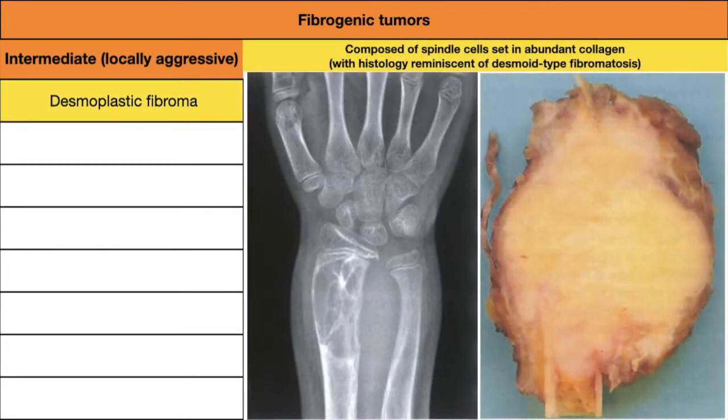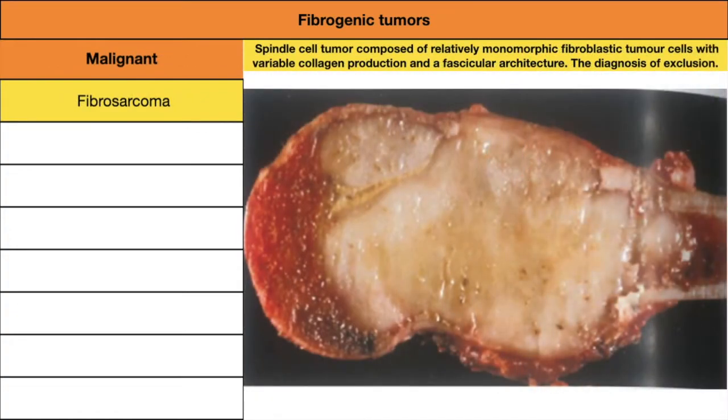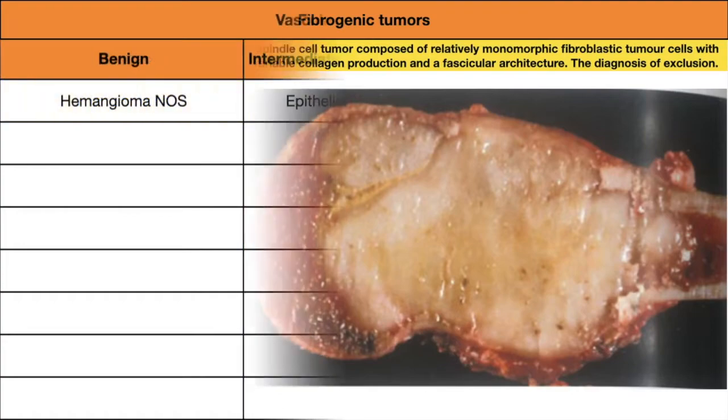Desmoplastic fibroma are locally aggressive fibrogenic tumors composed of spindle cells set in abundant collagen. And fibrosarcoma are the malignant fibrogenic tumors. They are spindle cell tumors composed of relatively monomorphic fibroblastic tumor cells with variable collagen production and a fascicular architecture. This is usually a diagnosis of exclusion.